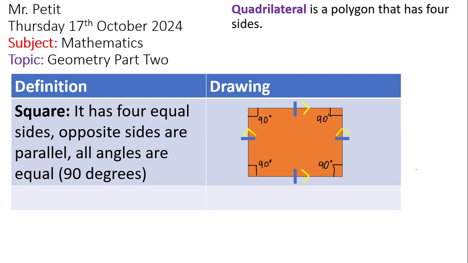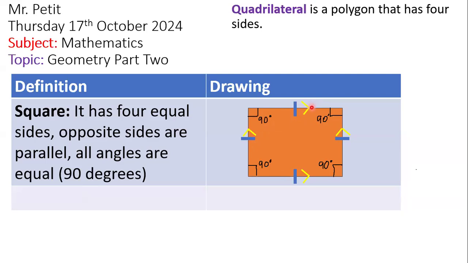Okay. This is a very important distinction now. What do these blue lines mean? The sides are all equal. All sides are equal in measure.